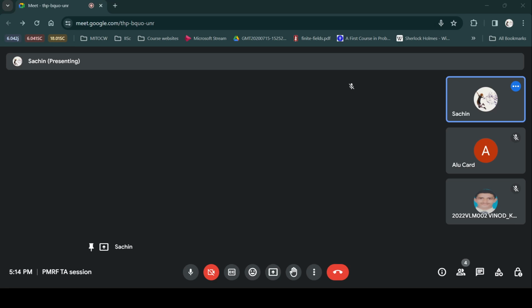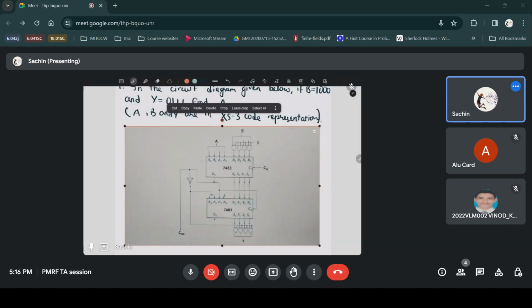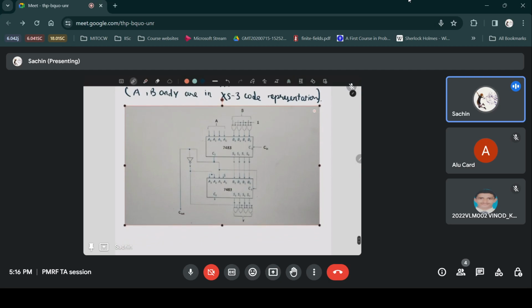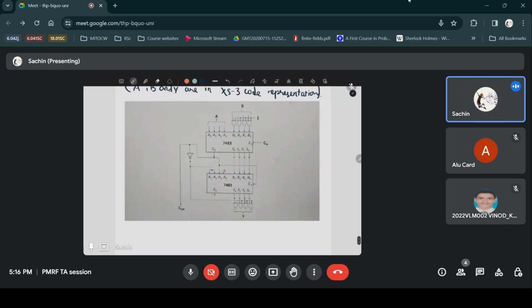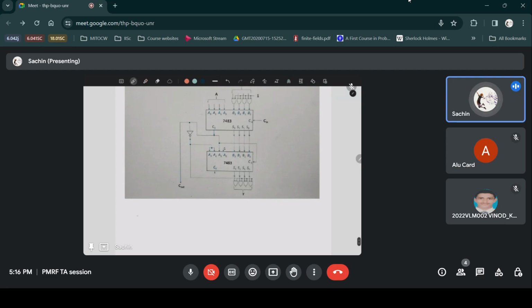So this is the circuit, and if you have seen the lecture video, this circuit does subtraction in excess 3. So the result Y is A minus B in excess 3.